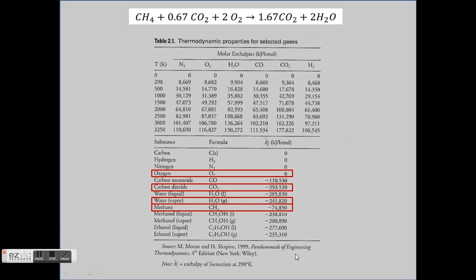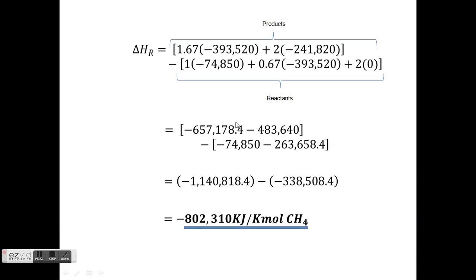Water as a product is vapor. And our reactants, we have methane, CO2, and we have oxygen. So you put this in your equation, you get your answer. It looks quite easy, doesn't it?